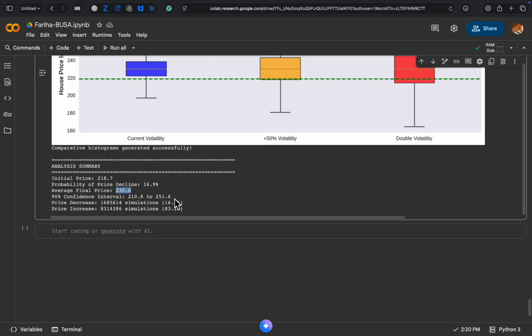We can claim with 90% confidence that the price index is likely to stay between 210.8 and 251.6 in the next year, mostly above our starting index. Out of 10 million simulations, only 16.9% lead to a probable price decline scenario and 83.1% to a price increase scenario.